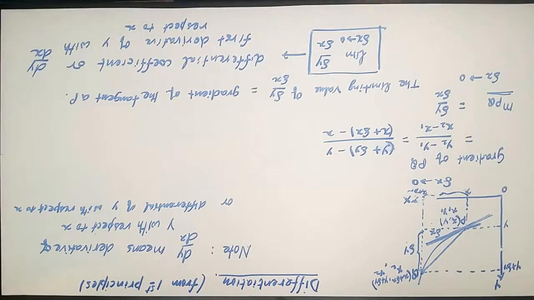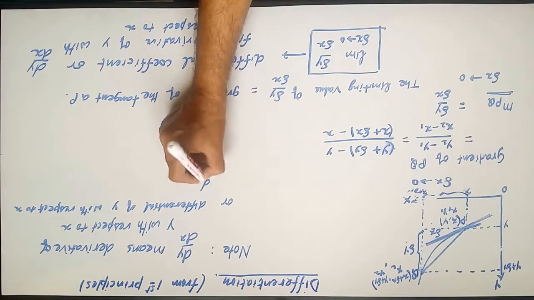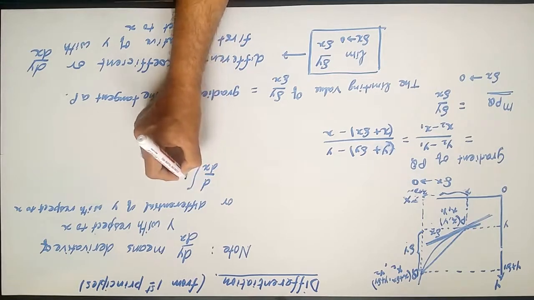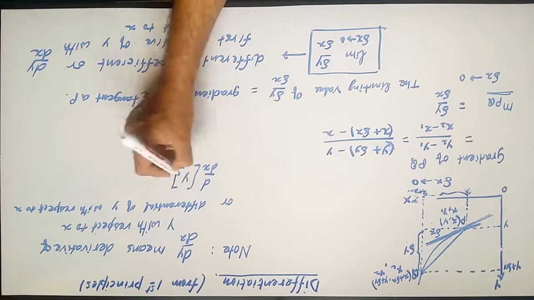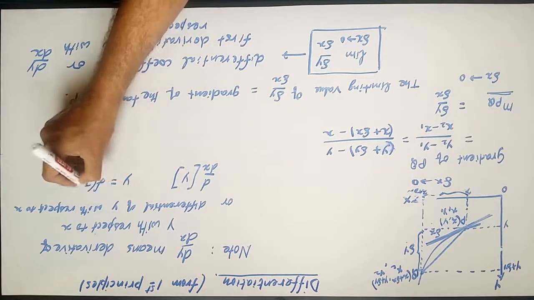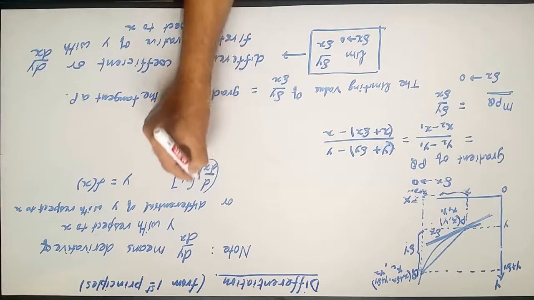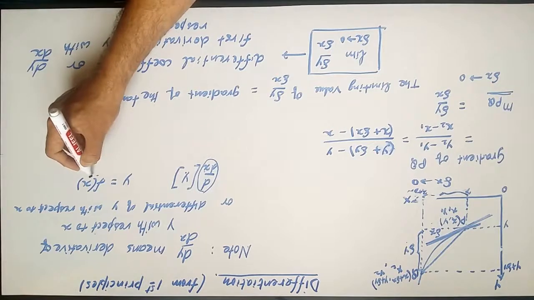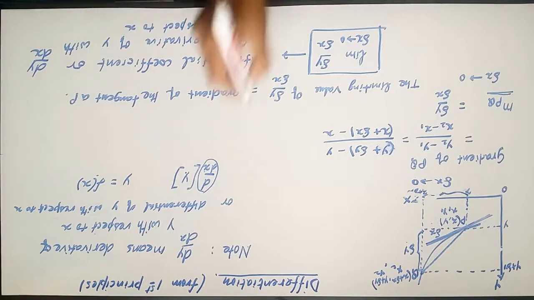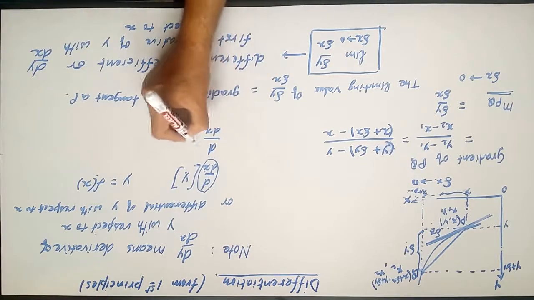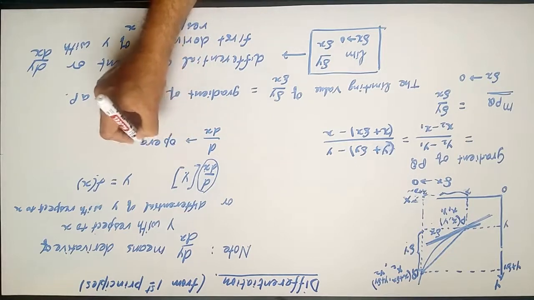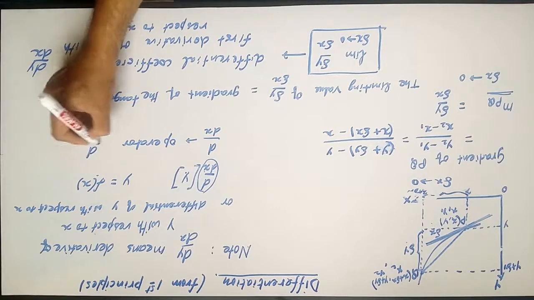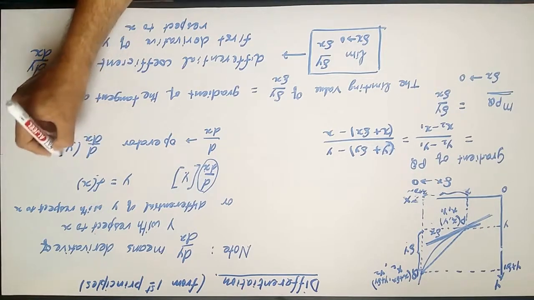It also means that d by dx is an operator that is operating on the function y, where y is equal to any function of x. This is an operator that is operating on y, where y is a function of x. So d by dx is also known as an operator, and we can write this as d by dx of y.